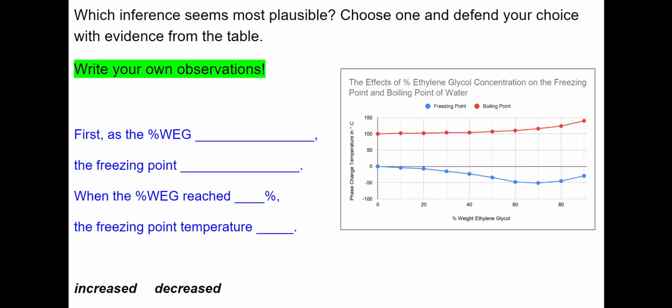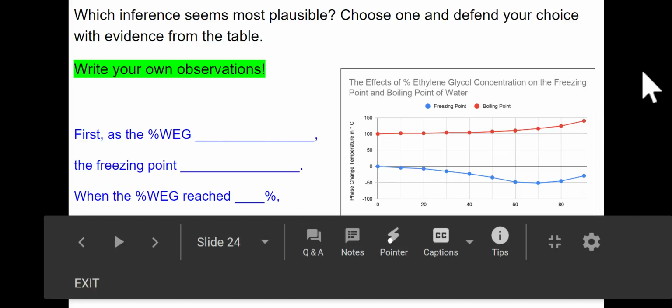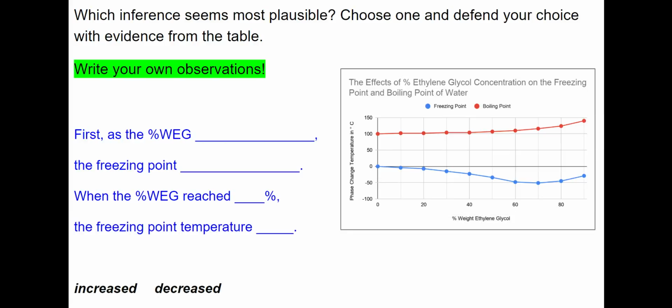So let's write our own observations and get our own thoughts figured out before we start looking at those statements from the others. If you notice here, I've set it up where you have some blanks where you can fill in either the words increased or decreased, or also put in a number value there.